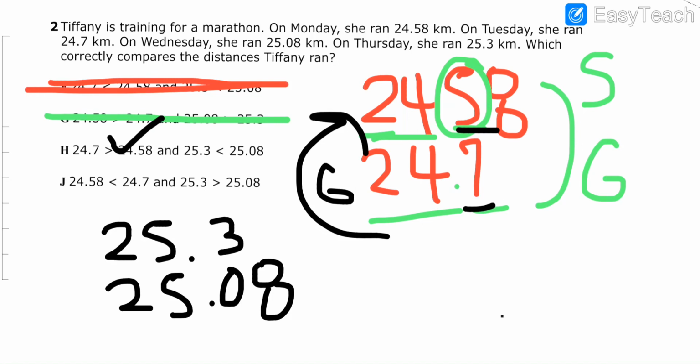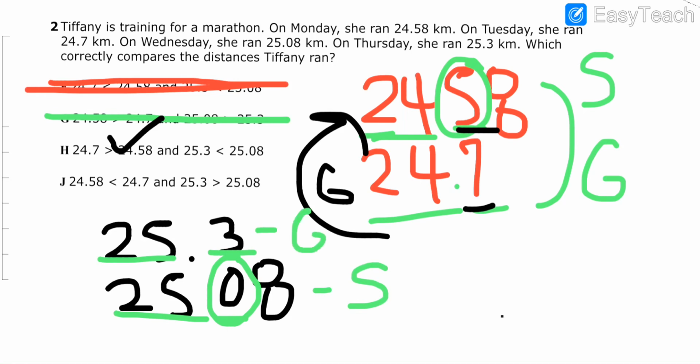So if we go in order, 25, 25 are the same, so we can't compare. We're looking at our 0 and our 3. 0 in the tenths place and 3 in the tenths place. 0 is smaller. This one is greater. So the statement said that 25 and 3/10 is smaller than, but we just worked it out and we realized that it's actually greater than. So this part of the statement is incorrect, which cannot be true.